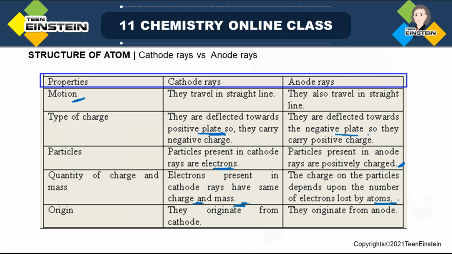If it is losing 1 electron, then the charge will be +1. If it is losing 2 electrons, the charge will be +2. Okay, so it may vary. Origin: they originate from cathode, they originate from anode. So these are some of the similarities or dissimilarities between these two different types of ray.